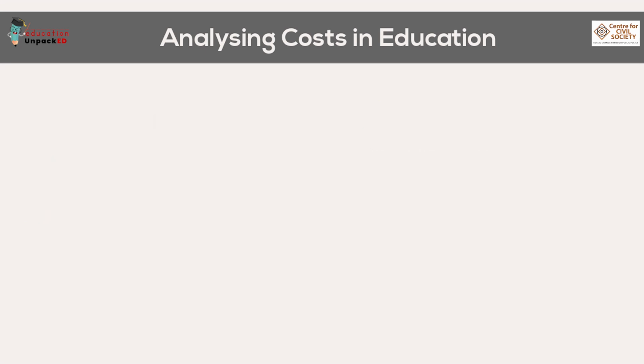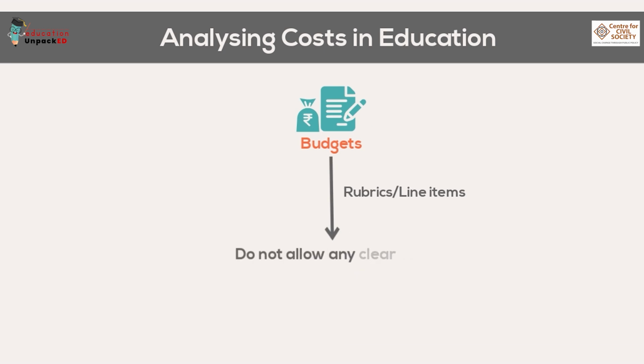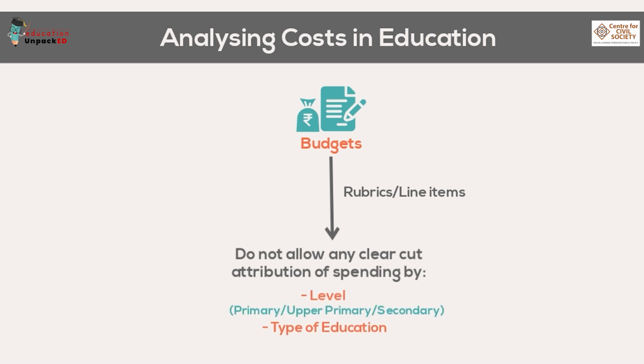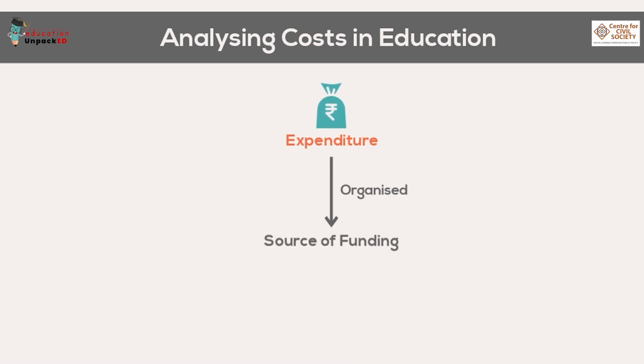But as you will see, budgets are often organized under rubrics or line items, which do not allow any clear-cut attribution of spending by level or type of education. Many times, expenditure is organized according to source of funding, and so it appears under many heads, and it can be difficult to assimilate.